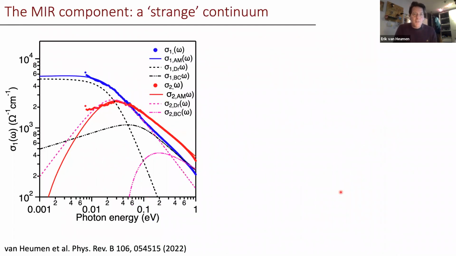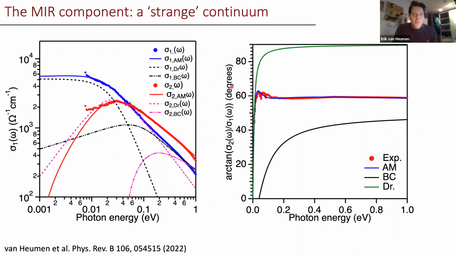All right, so what about this strange incoherent response? It's best seen in the phase angle, actually. Because I get a good fit to both the real and imaginary part of the experimental data, I also get a good fit of the phase angle.